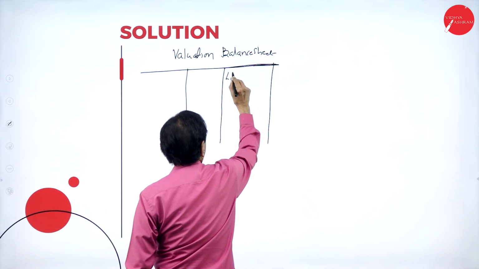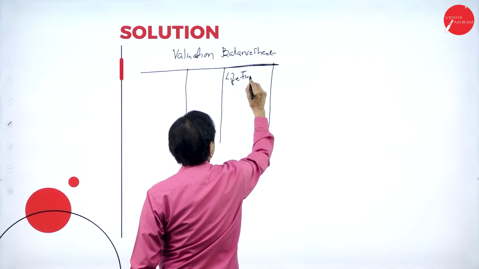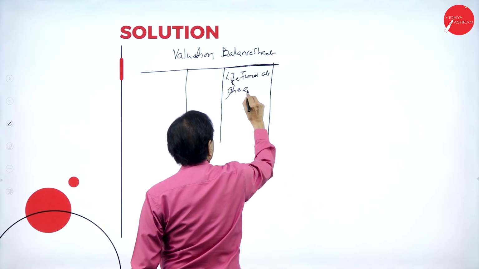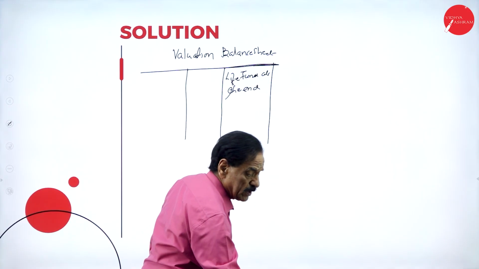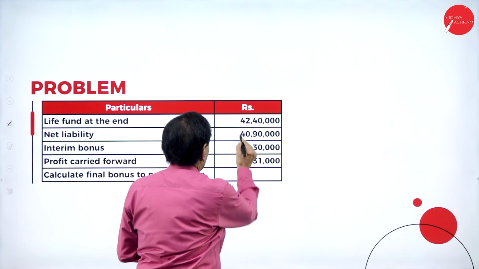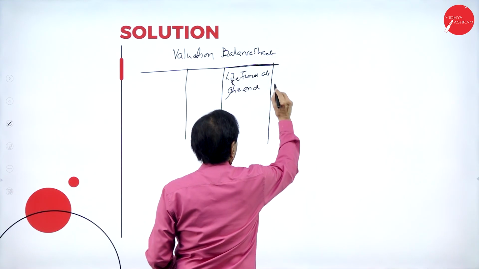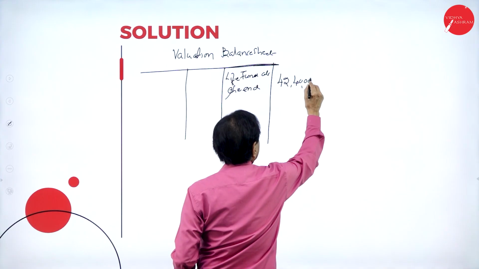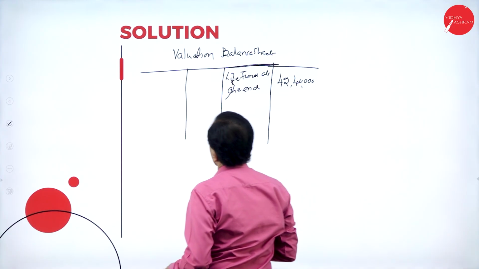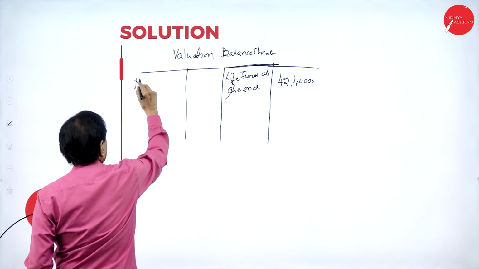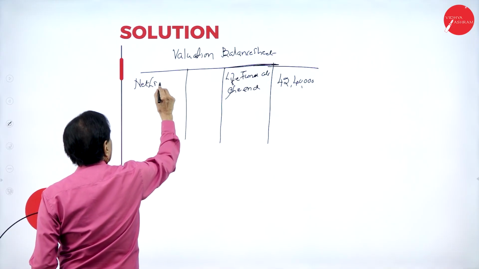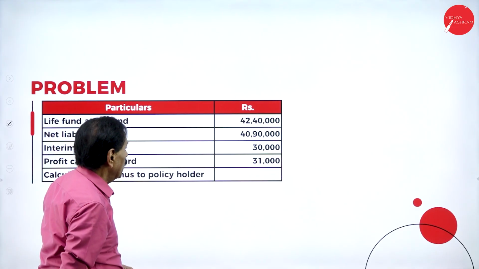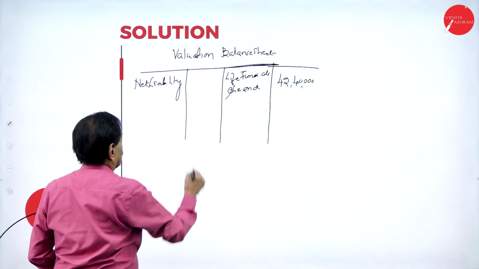Life fund at the end: what is the life fund at the end? 42,40,000. Net liability: what is the net liability as per the problem? 40,90,000.